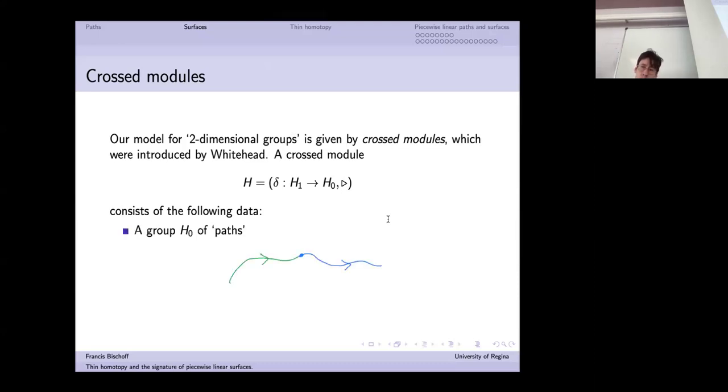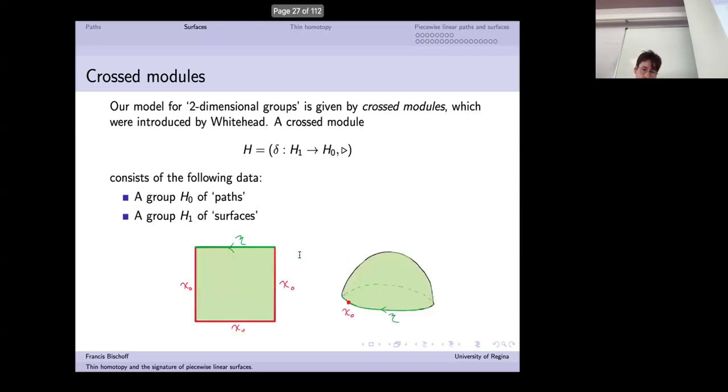So H0 is a group, and the picture that you should have in mind is as a sort of group of paths. It might not literally be paths, but you should think of it in this way. It's a sort of a one-dimensional object. So you have paths, which you imagine that you can concatenate. Then H1 is a group of surfaces, and I want to think of them as surfaces in the following way.